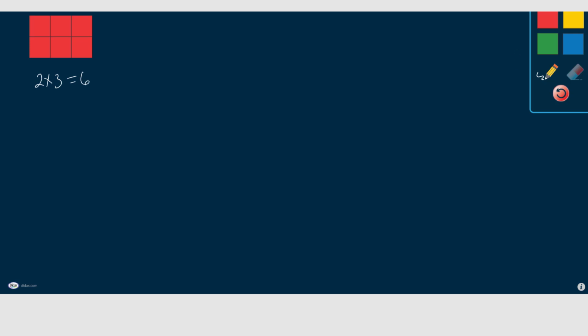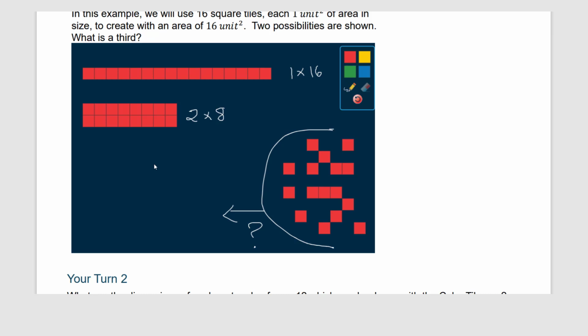Okay, so here I have already pulled out 16 tiles when I was preparing the lesson, and you can see I can do a 1 by 16 rectangle. By the way, 1 is a factor of every number, and I can do a 2 by 8 rectangle.